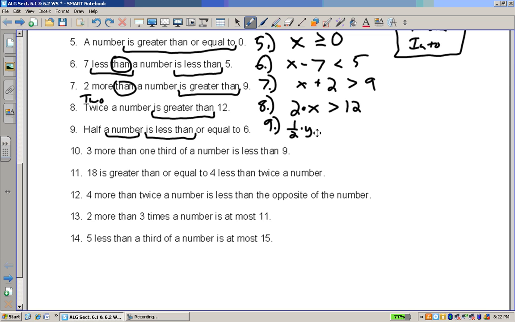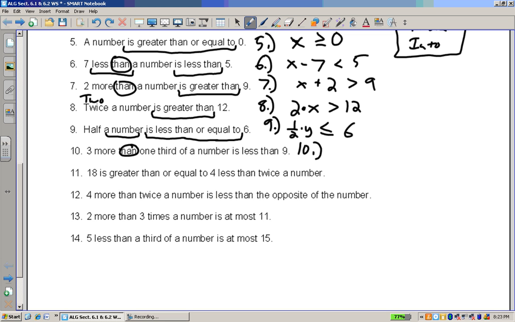Is less than. So is less than. Oops, or equal to. I did not see that. So is less than or equal to 6. 3 more than.